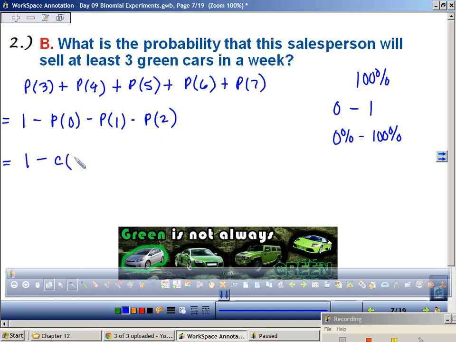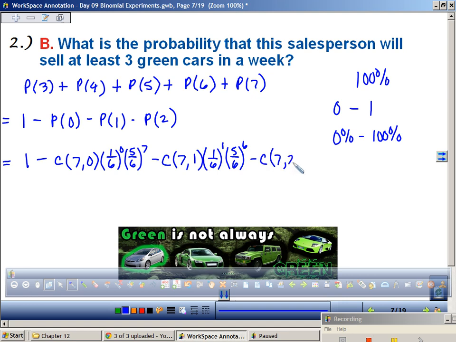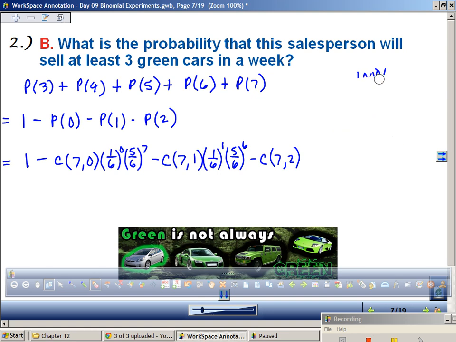C, 7 choose 0 times the probability of getting a green car to the 0, not getting a green car to the 7, minus C, 7 choose how many? 1 times the probability of getting a green car to the 1 times the probability of not getting a green car to the 6, minus C, 7 choose 2, times the probability of getting a green car to the 2 times the probability of not getting a green car to the 5.